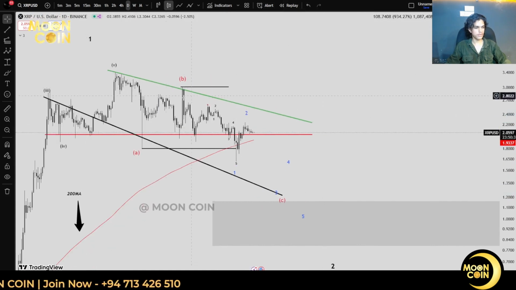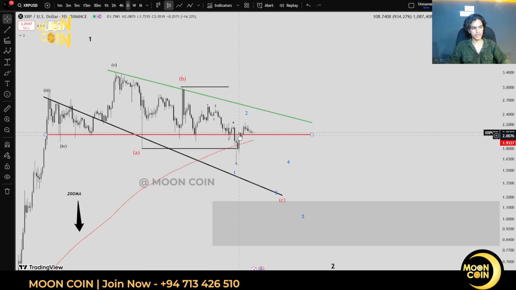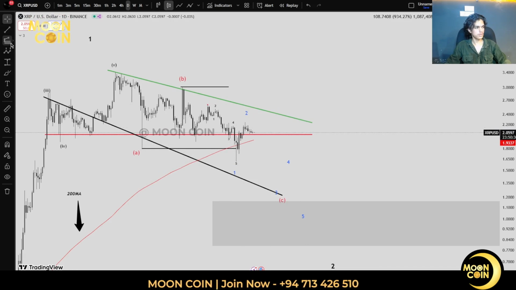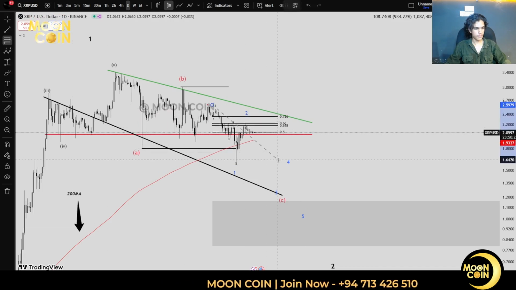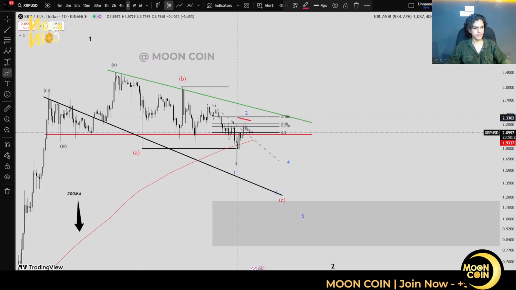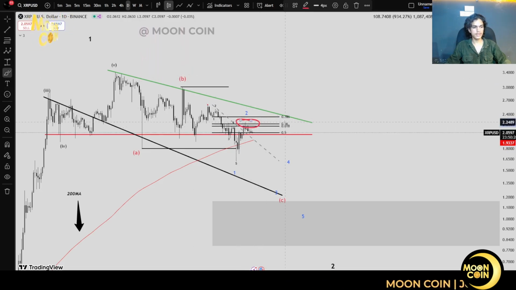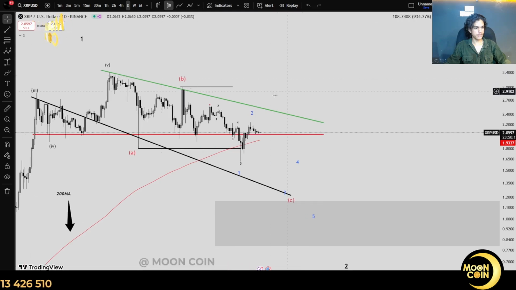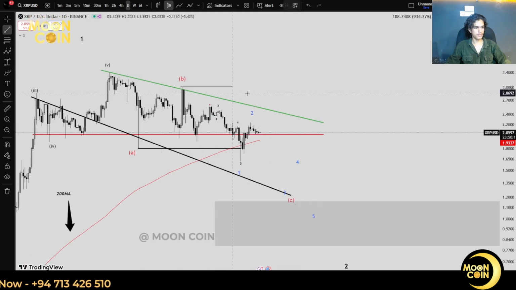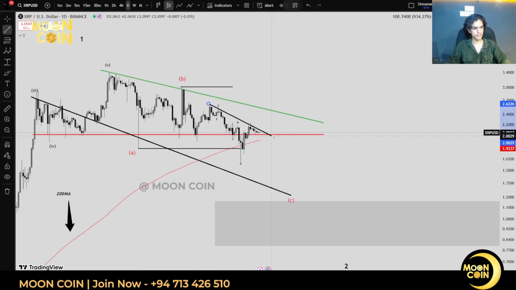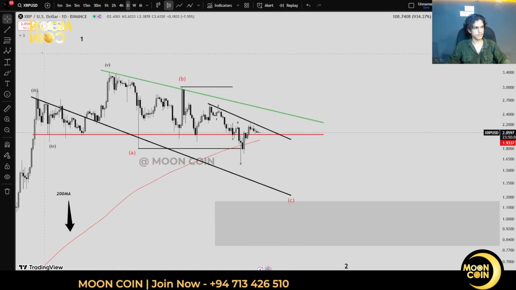Now the perception is a bit different. When the market was here, I said the market could come here and reject. If you go for the fib level, this is for the bearish scenario, guys. You can see that it has mitigated the 0.6 and 0.61 fib level here, and rejected from there. How I see this pattern now is that the market can form an ending diagonal here, like this.